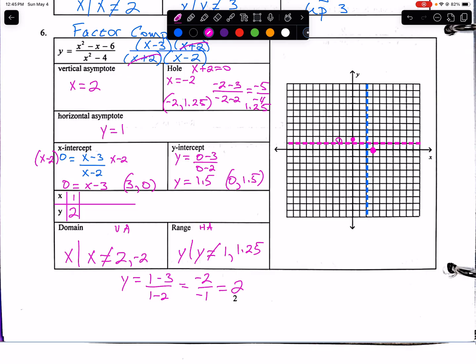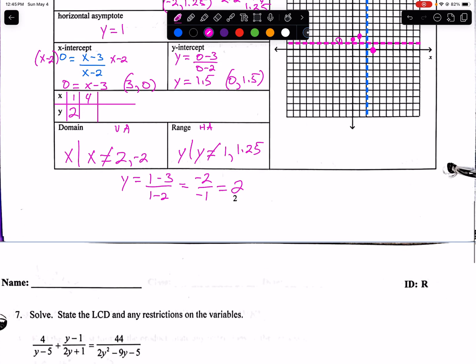At positive 1, 2. And on the other side, we want positive, so 1, 2, 3, 4. 4 is perfect. That's what I pick.